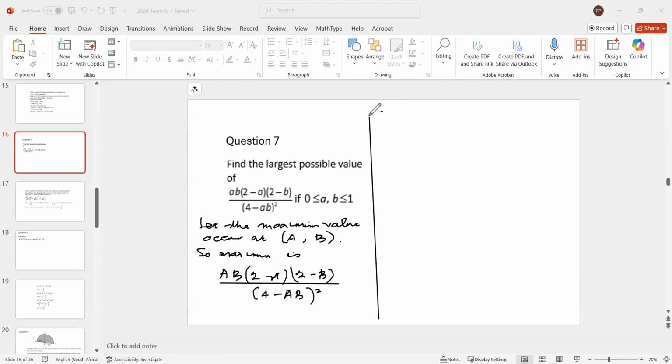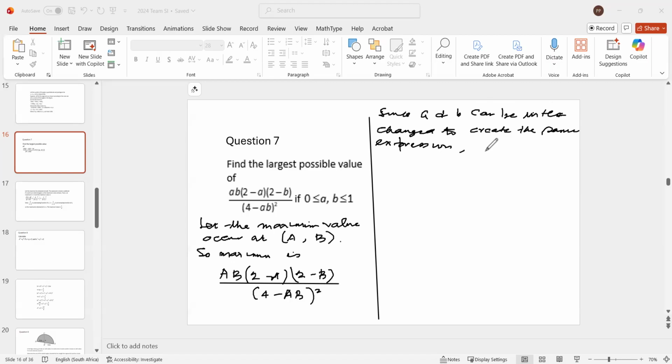All right? So since A and B can be interchanged to create the same expression, the maximum occurs at (B, A) also.